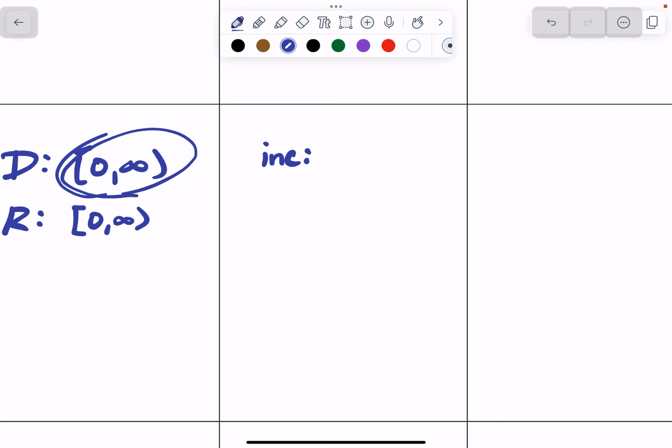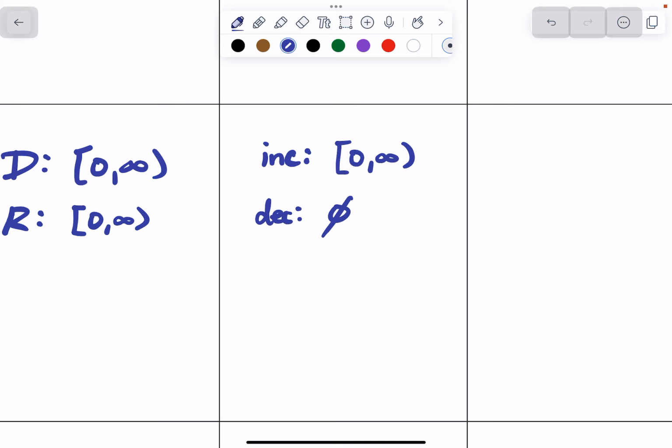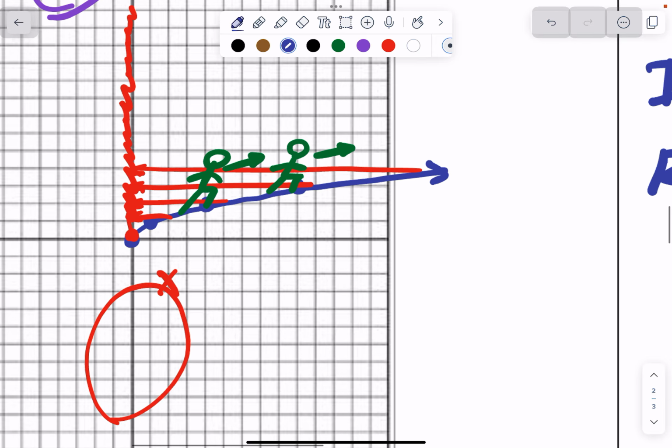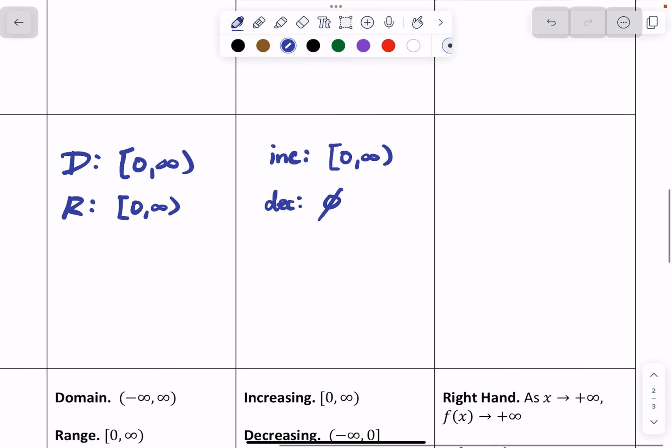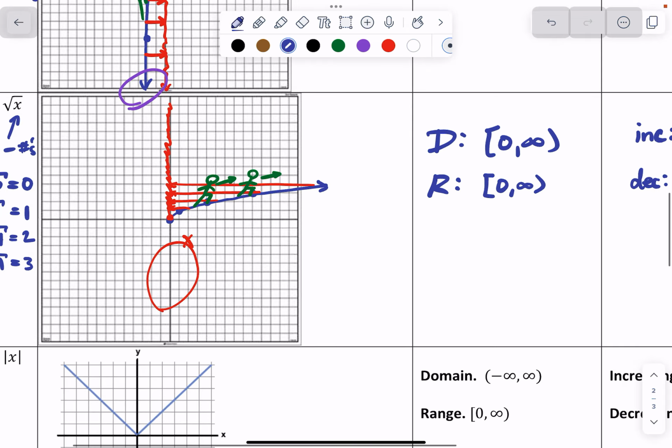You can only put the hiker at those spots. So he's increasing everywhere inside of our domain, which is the entire domain, and therefore he's decreasing nowhere. There's no place on our graph where he's going downhill. Always uphill.